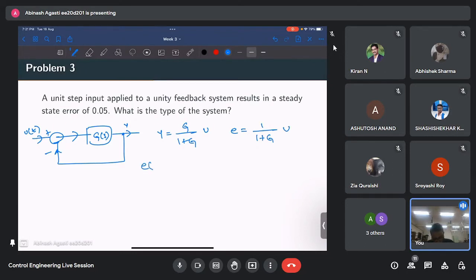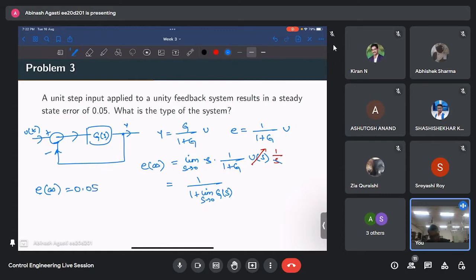So I want to find out the steady state error, right? So E infinity will be limit s tends to 0, s into 1 by 1 plus G into U of s. And since we are giving unit step, U of s is 1 by s, this will be cancelled, and what we'll have is 1 by limit s goes to 0 of G of s. Now what is given to us is the steady state error, 0.05, correct?